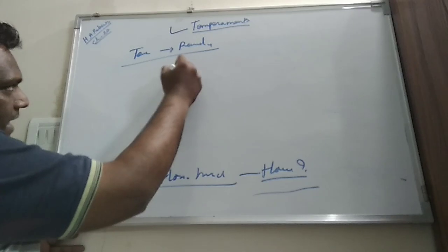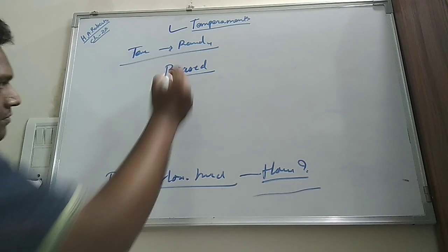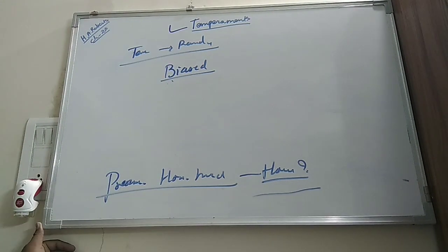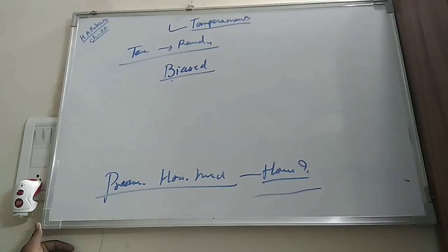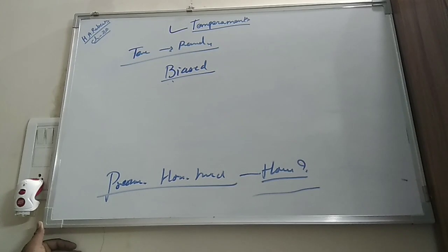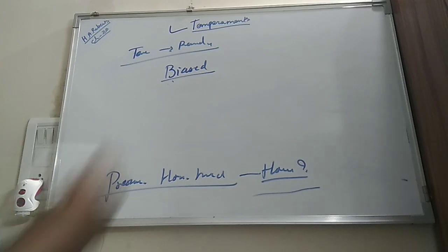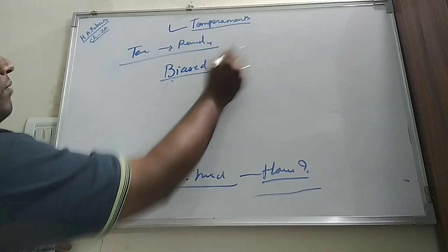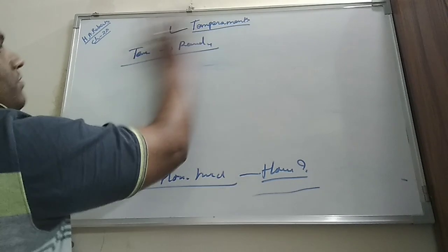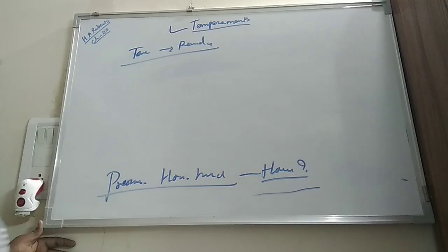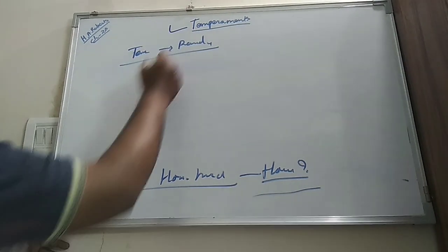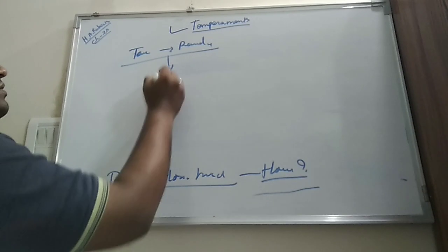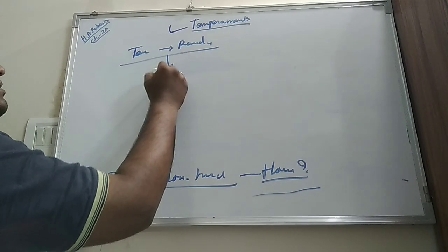Sometimes it is biased. It is said that this formation of a bias in the case of treatment and selection of remedy, for that we have to understand how the temperament comes into existence.